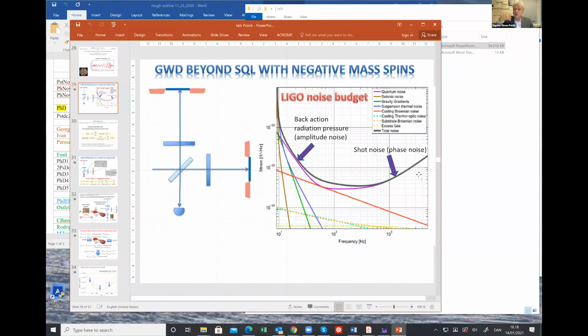Admittedly, there are also proposals which suggest using external cavities to rotate the phase of squeezing so that it rotates from phase squeezing to amplitude squeezing over the range of a few hundred hertz.